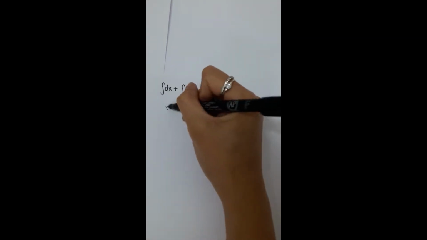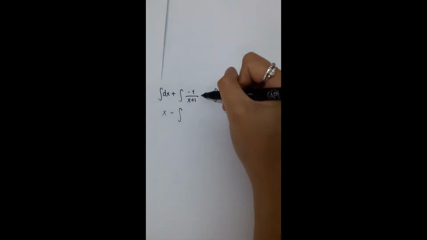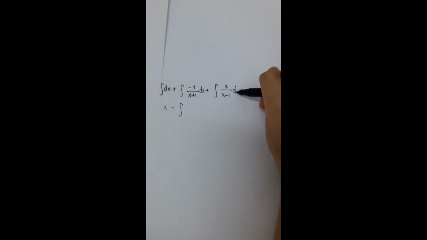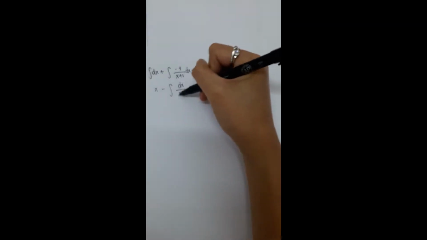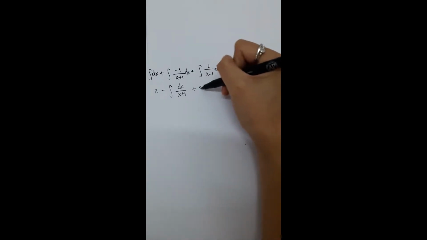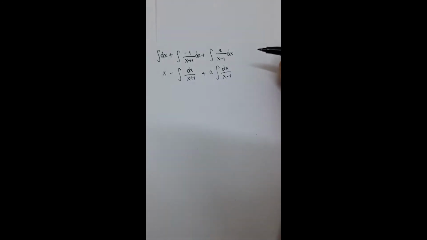The integration of dx is x, minus the integration of, I'm sorry, I forgot dx, and then here dx, the integration of dx over x plus 1 plus 2 times the integration of dx over x minus 1.